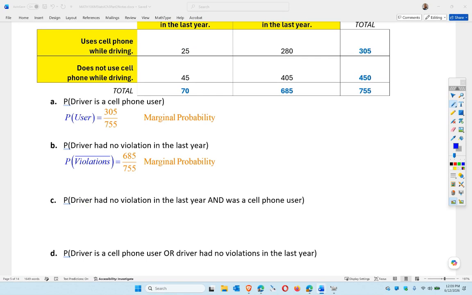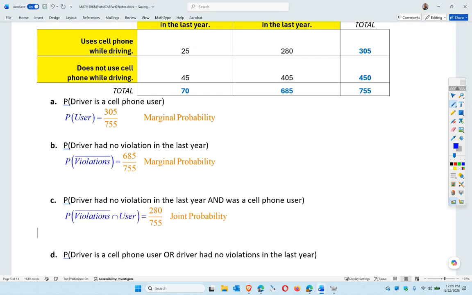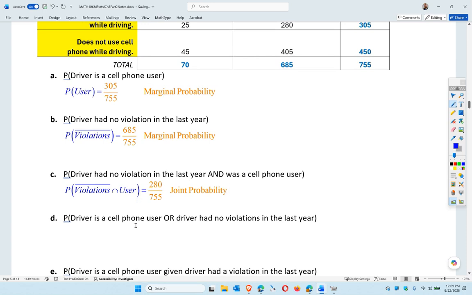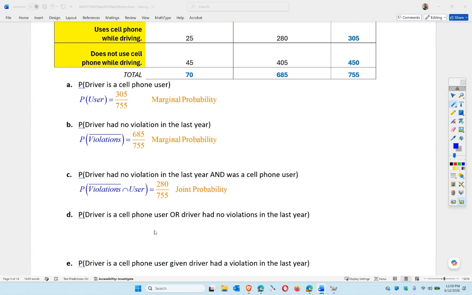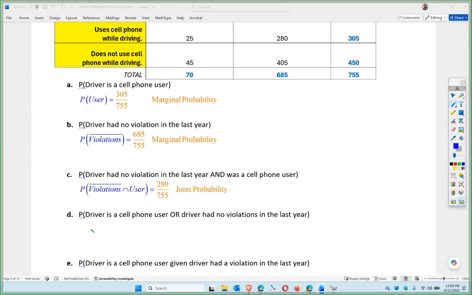Okay. Alright, so let's do an OR case. So the probability of a user, or no violations. So that's a matter of adding up, isn't it now?